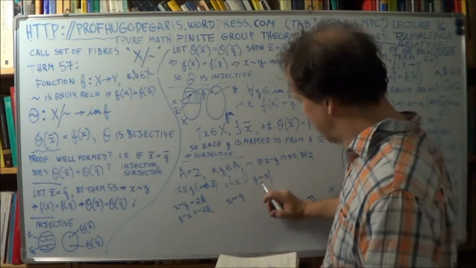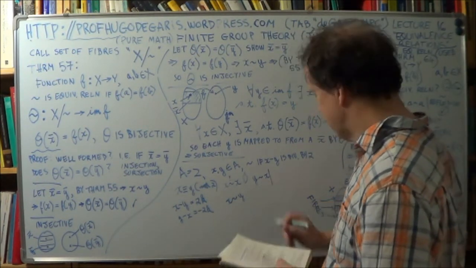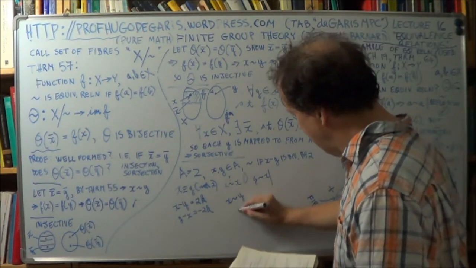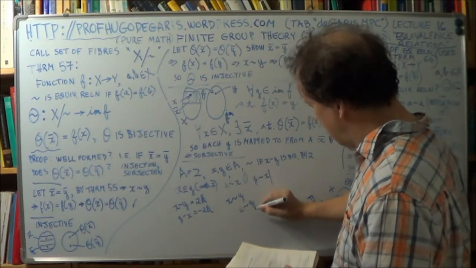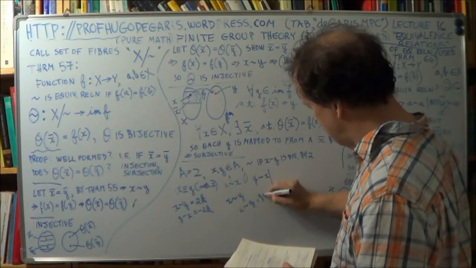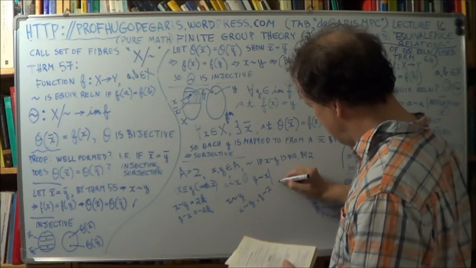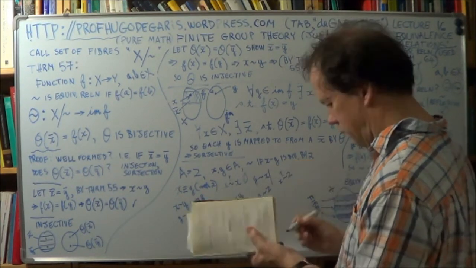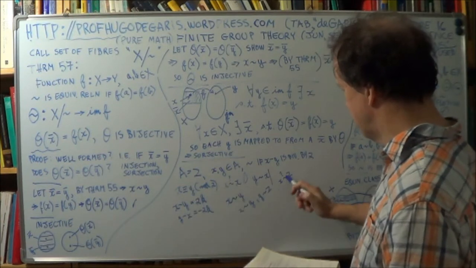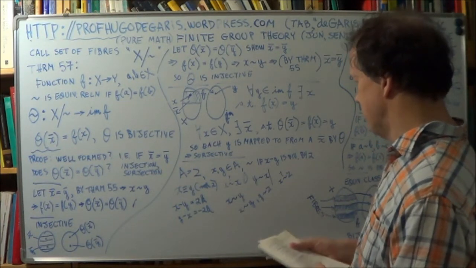Transitive was the word I was trying to find before. All right, now is it transitive? So if x tilde y and y tilde z, how about x tilde z? Is this relation transitive?